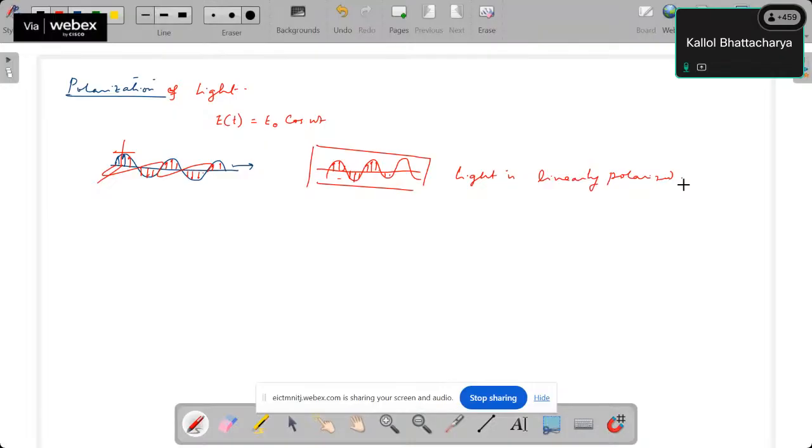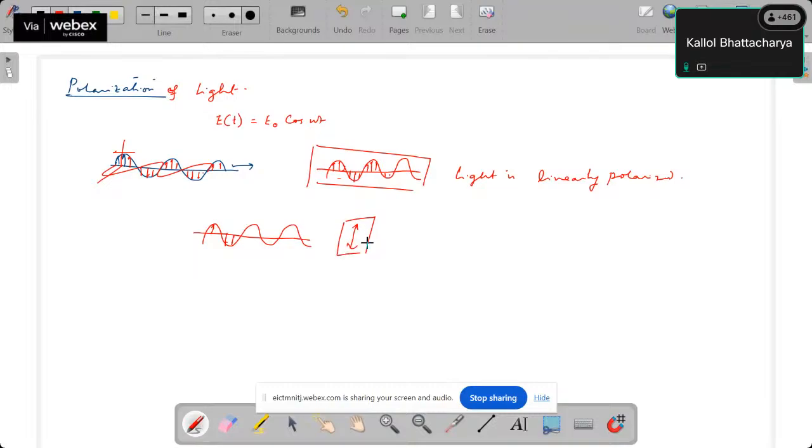Okay. Now, it is not essential that the electric field is always restricted to the plane of the board. It can be in various directions. If it is restricted to the plane of the board, so that the electric field moves in this manner, then we will say light is linearly polarized, and we will give a symbol like this.